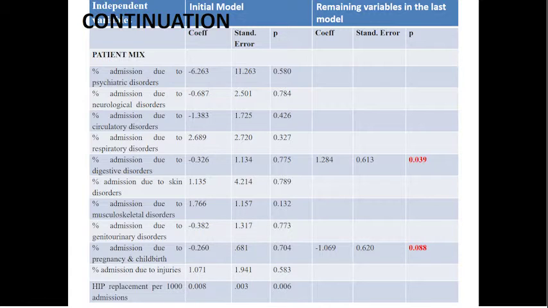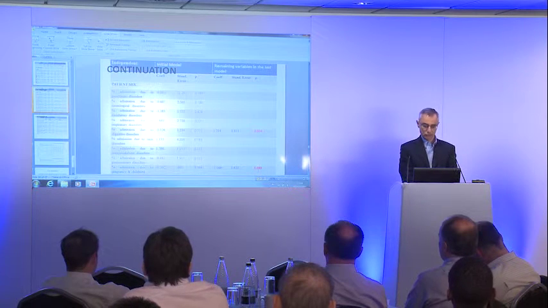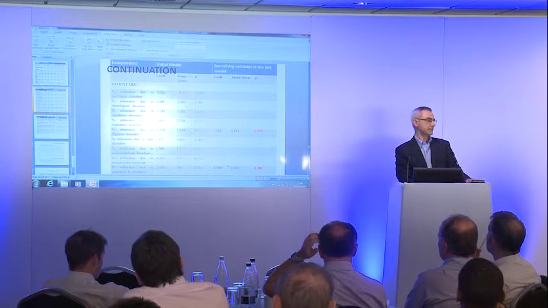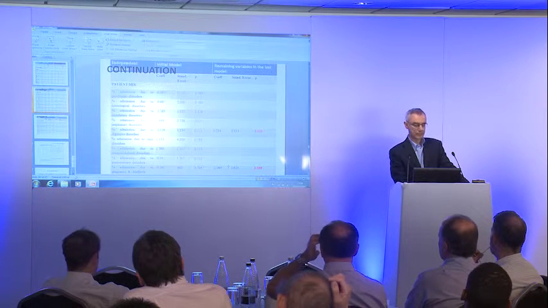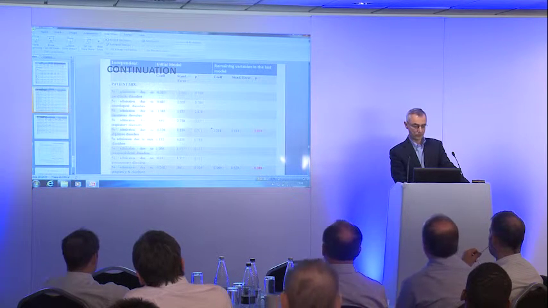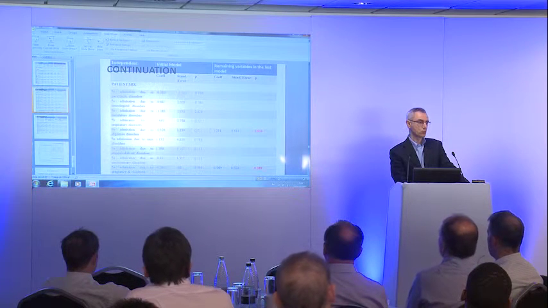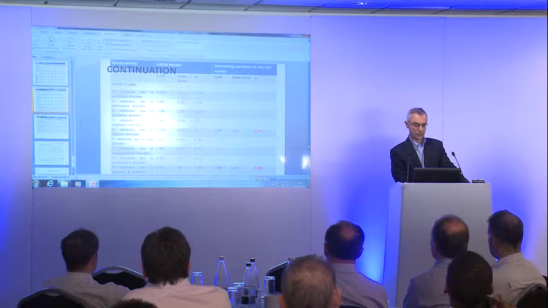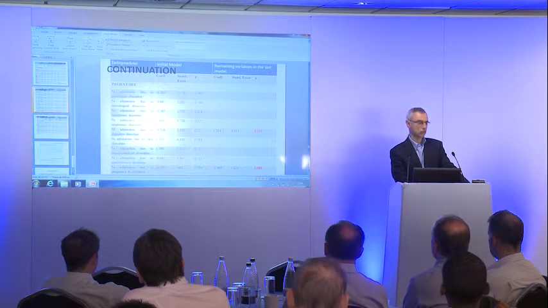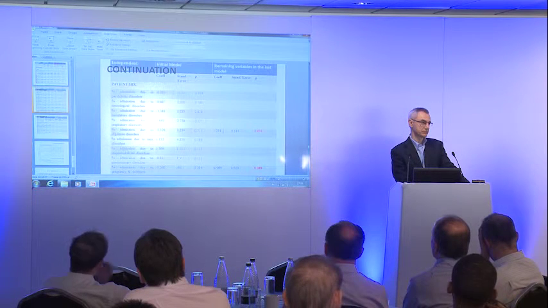Admissions due to pregnancy and childbirth were also associated with CDI rate, but in a negative direction. In other words, if you are admitted to a hospital with more admissions for digestive disorder, there is a positive correlation with the risk of CDI.